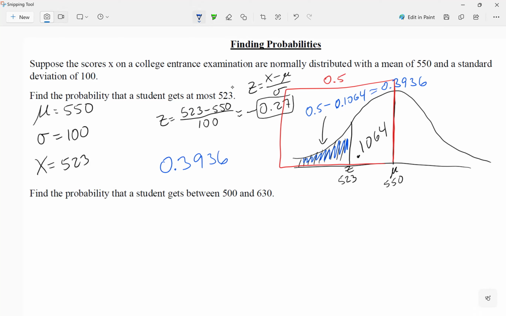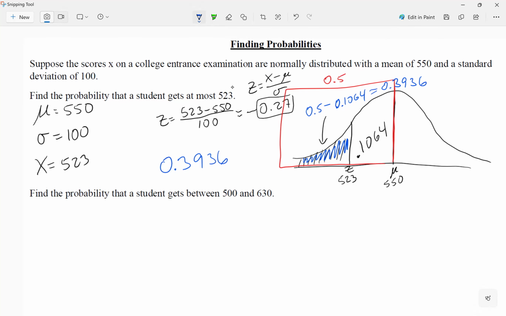In English, what that means is the probability of getting 523 or less is about 39.36%. So 39.36% of the people that take the test are going to get 523 or less. That's what it means.